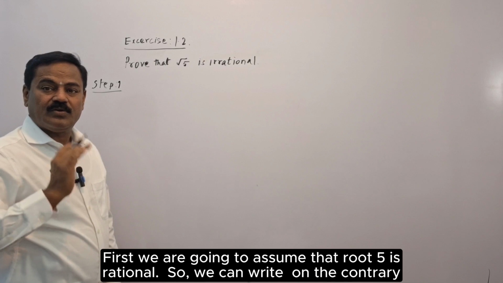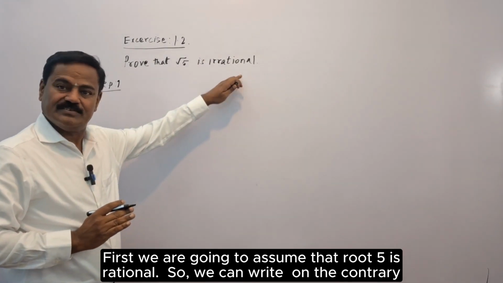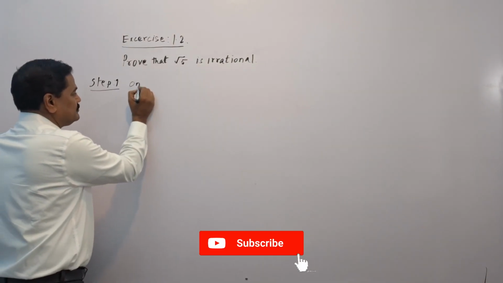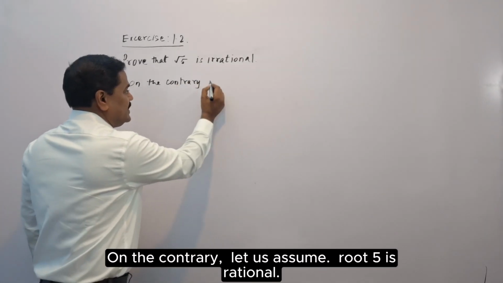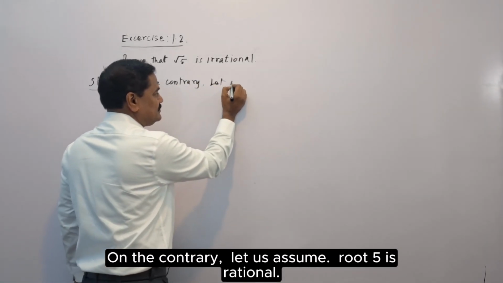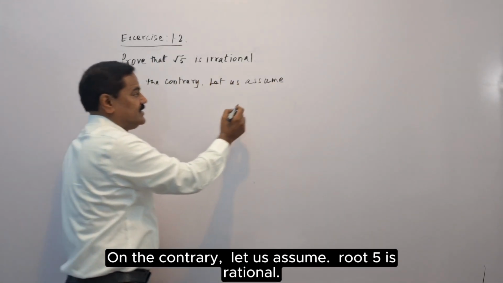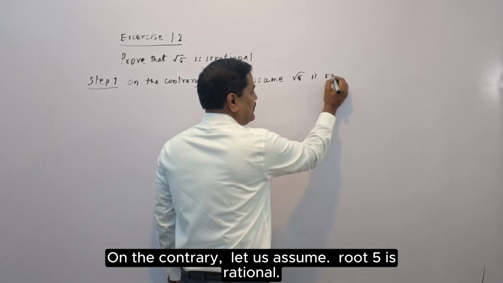First we are going to assume that root 5 is rational. So we can write, on the contrary, let us assume root 5 is rational.